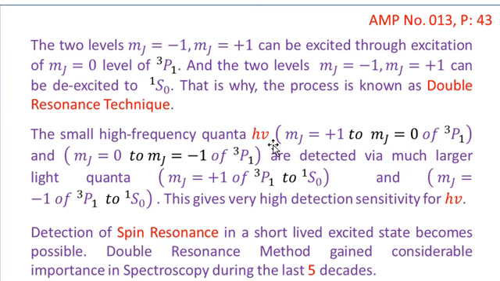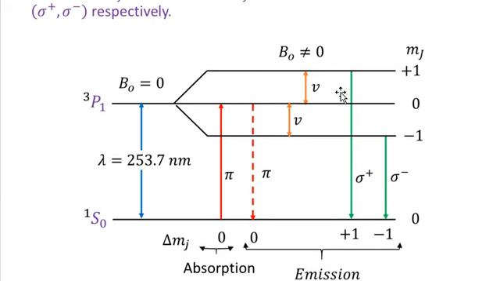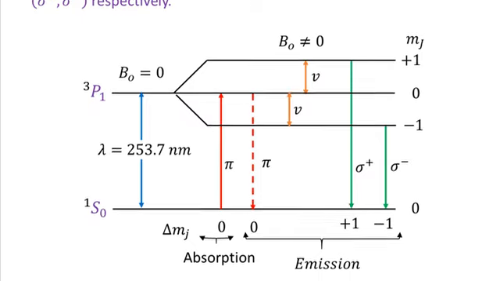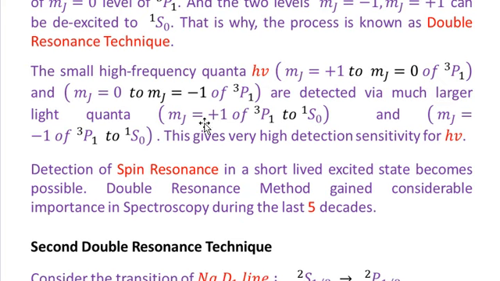So the small frequency h nu quanta can be used to excite the Mj is equal to plus 1 level from the Mj is equal to 0 level of 3p1.